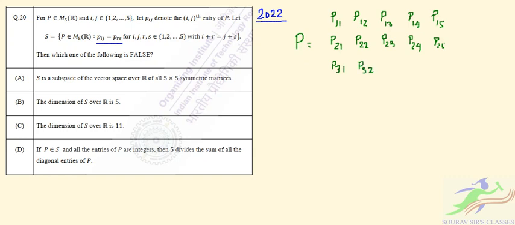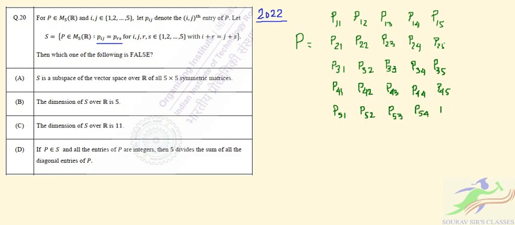Then the third row, P33 and P34. Then P42, P43, P44, P45, and the last row is P51, P52, P53, P54. So this is a 5 by 5 matrix.